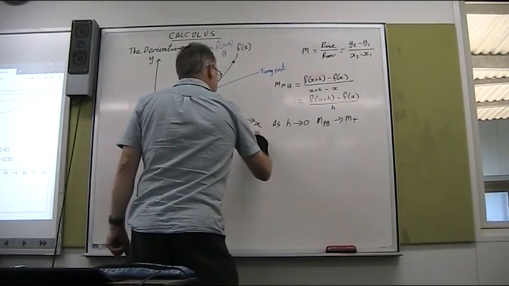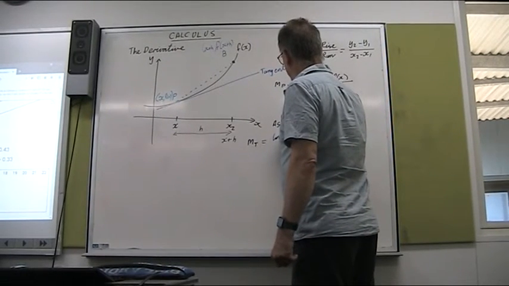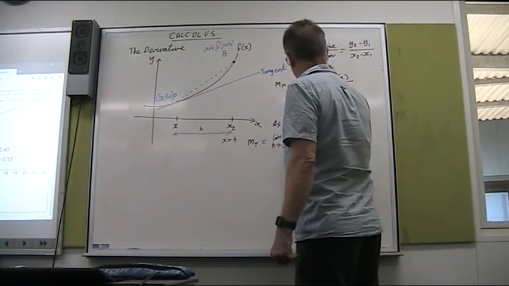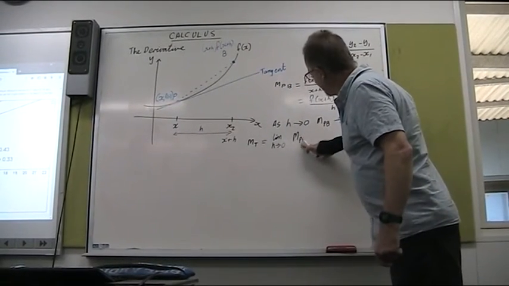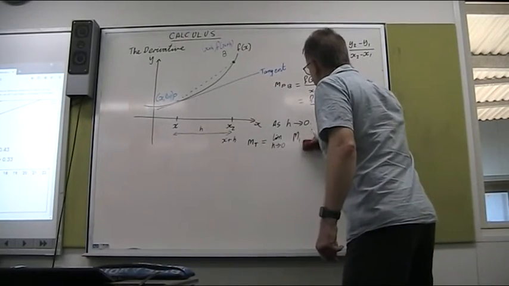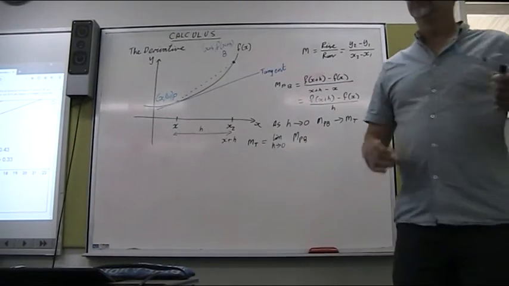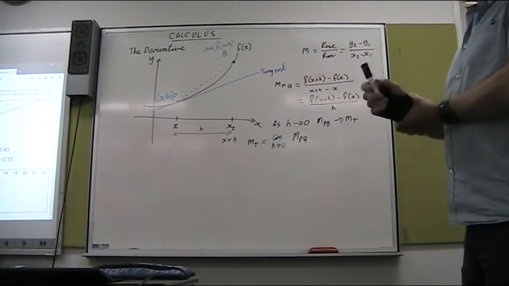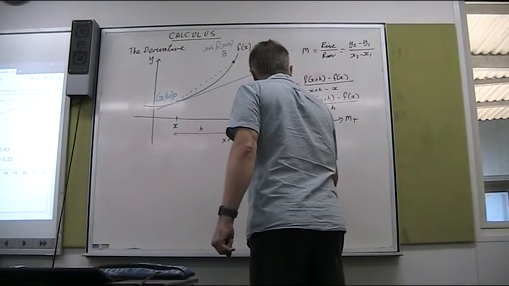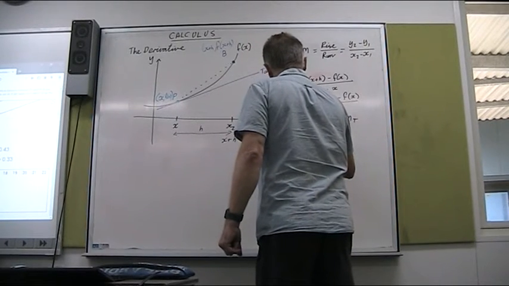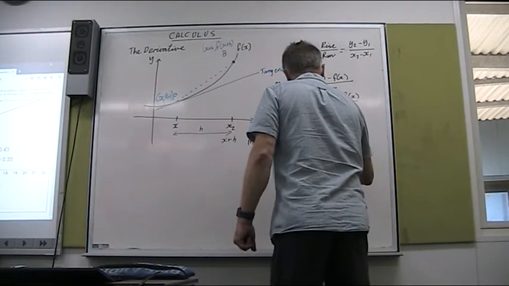We would say that the gradient of the tangent is equal to the limit as h tends to 0 of the gradient of the line joining those points P and B. Or the limit as h tends to 0 of f of x plus h minus f of x over h.